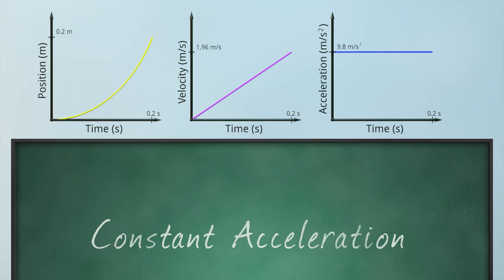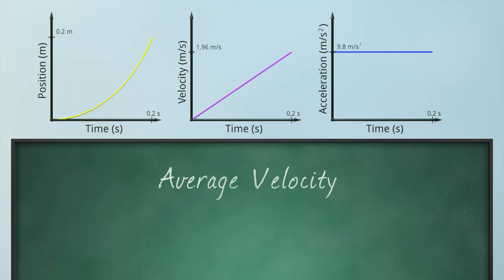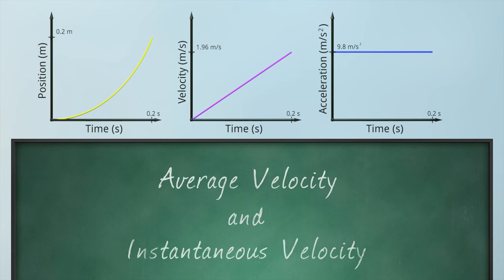When finding the velocity of an accelerating object, there are two different types that you should know about: average velocity and instantaneous velocity. As you will find out now, it mainly makes sense to talk about these when an object is accelerating, because it is only then that you will be able to distinguish the two. Let's look at the velocity graph.